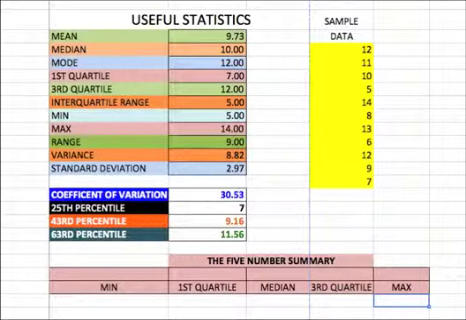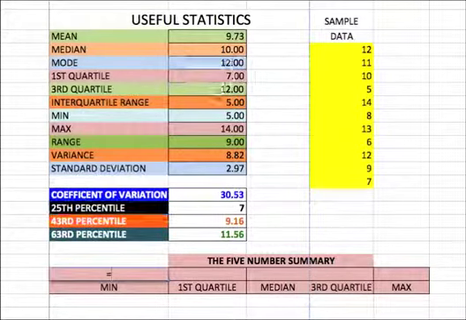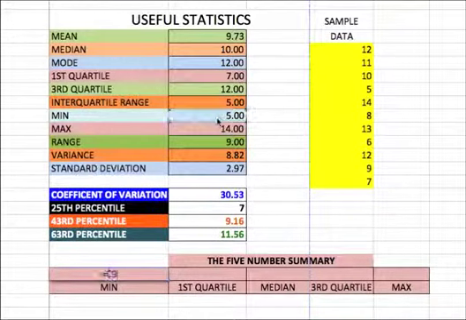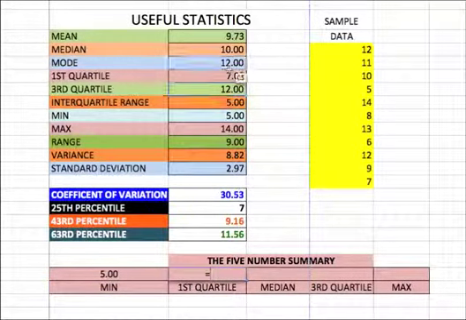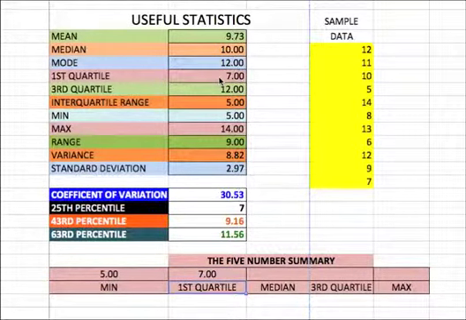So now that we've labeled all of the columns, we will actually go into the statistics above and pick up the actual numbers. For the minimum, we would say equals, and we would pick up the minimum, which is 5. The first quartile from above, again, is 7.